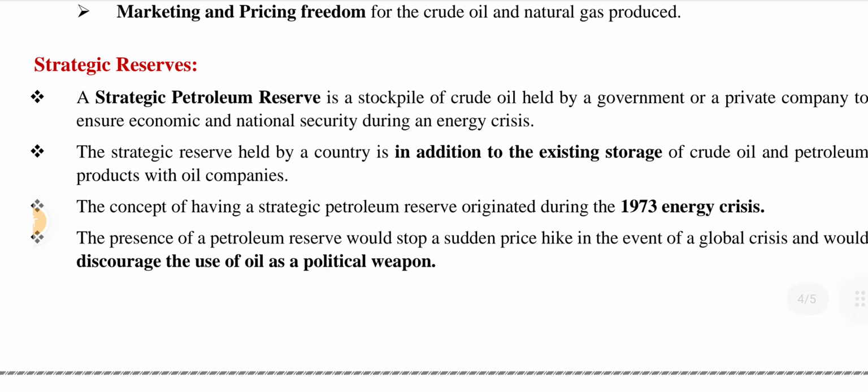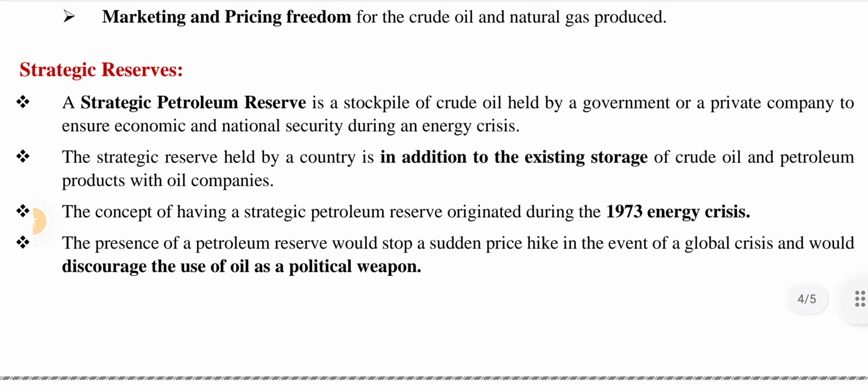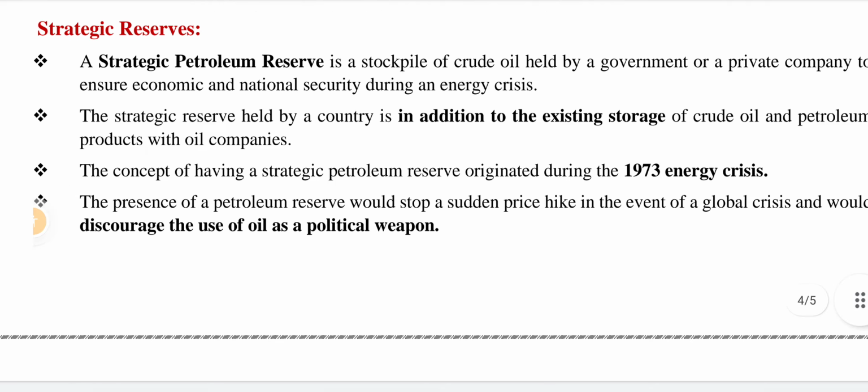A strategic petroleum reserve is a stockpile of crude oil held by a government or a private company to ensure economic and national security during an energy crisis. The strategic reserve held by a country is in addition to the existing storage of crude oil and petroleum products with oil companies.